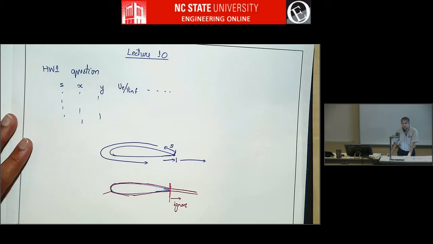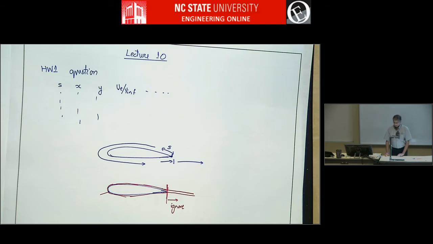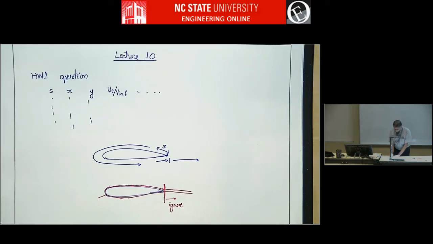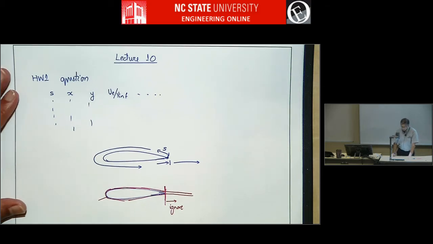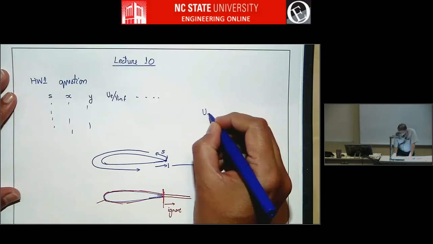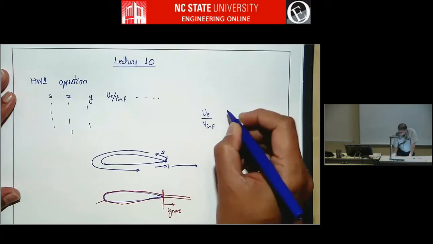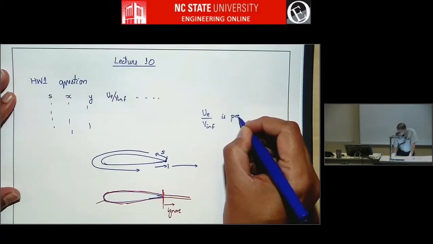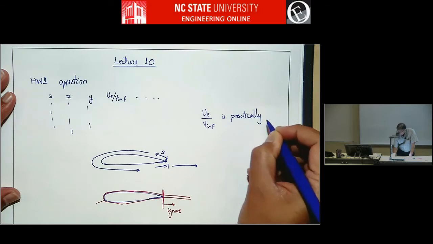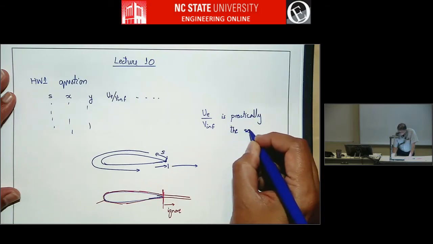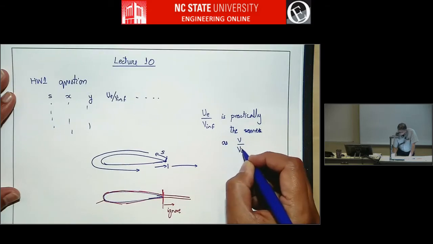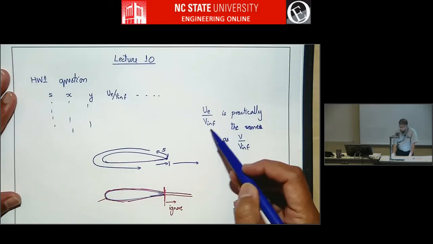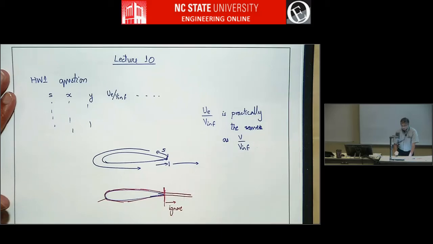Other questions? You say to graph V with X over C. Can we graph UE over VINF, or do you really want us to graph just the velocity at that point of the airfoil? UE over VINF is practically the same as V over VINF, except that this will go negative, at least the way this data set is.